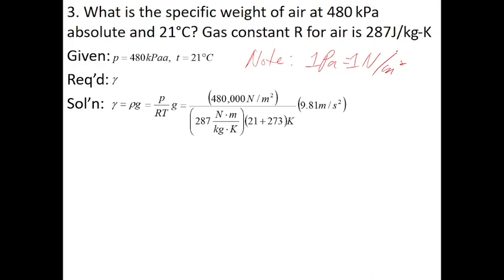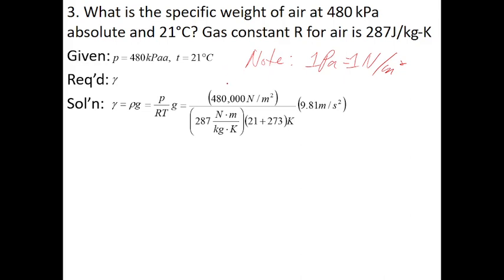So that's why this is now 480,000, and instead of writing Pascal, I write Newton per square meter.